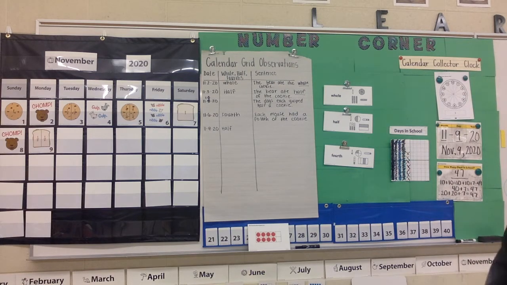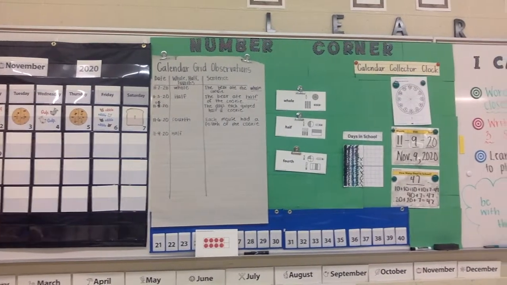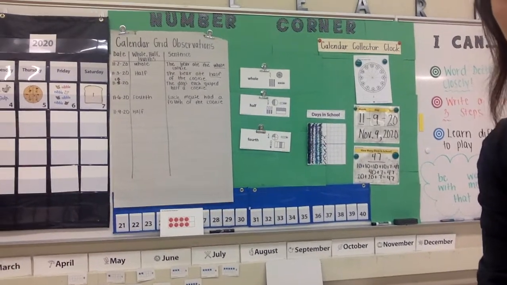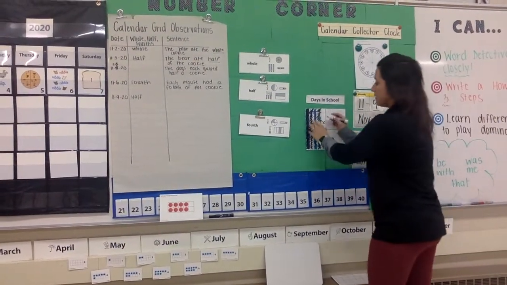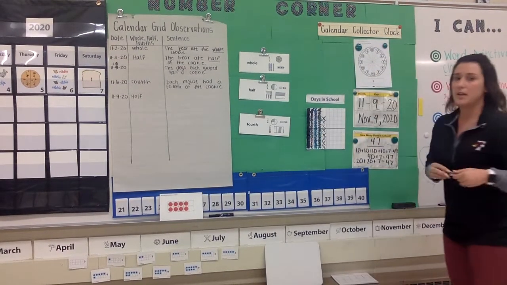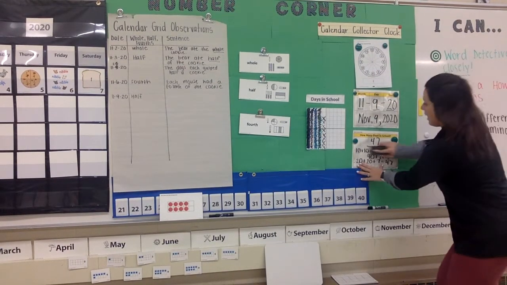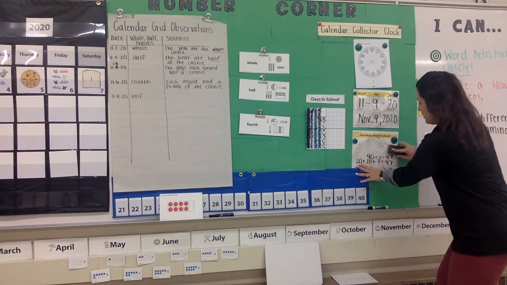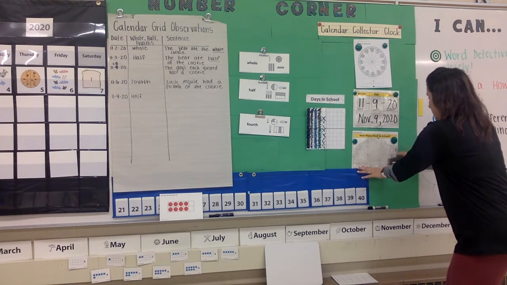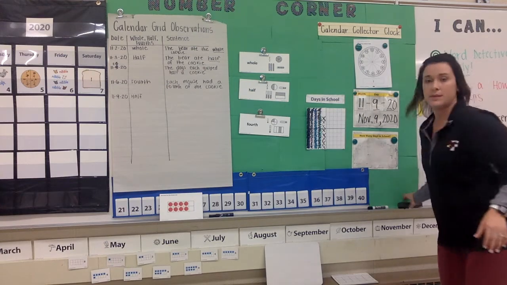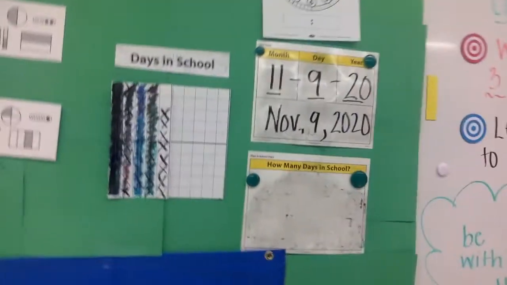I'm going to move the computer over just a little bit so you can see. I want you to take a look at our days in school. I am going to put another X. I want you to take a look and think about how many days in school. I'm going to bring it a little bit closer so you can see our chart.